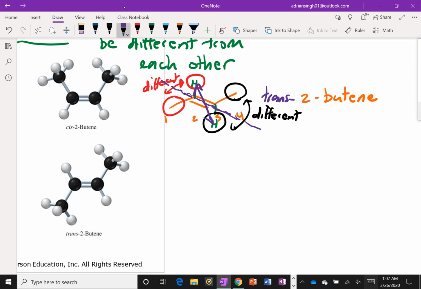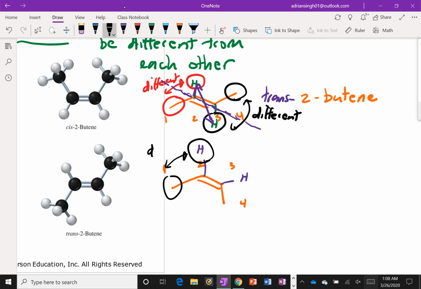And that's different than if I had something like this, right? So there's my carbon 1, 2, 3, and 4. And again, if I draw in the H's attached to each of my carbons of the double bond, I have an H here, and I have an H on that carbon. Again, attached to carbon 2, I have a hydrogen and I have a methyl.